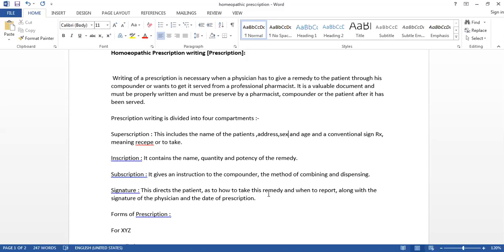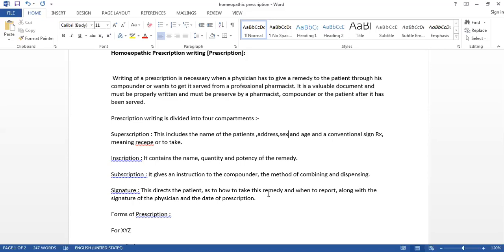Then if you want to give certain advice to the patient, for example, do not eat cold food, spicy food, or non-veg food, or do exercise daily, yoga or physiotherapy; if you want to refer the patient to any specialist or consultant, you can write it here. And if you want certain investigations, suppose CBC, X-ray, or USG, all these pathological things you can write in this part: do abdominal USG and CBC, thyroid test.